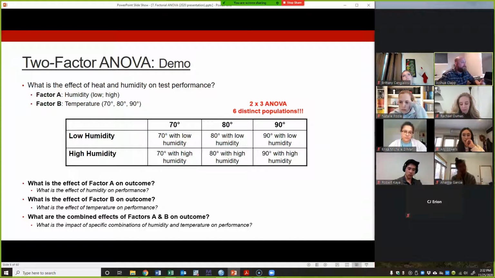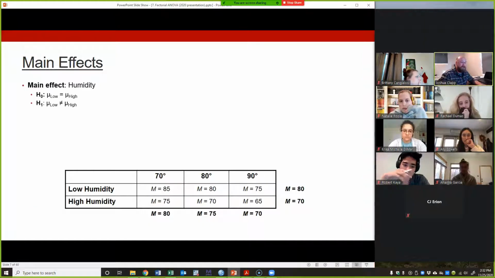We're talking about 6 distinct populations: performance in 70-degree low humidity, 80-degree low humidity, 90-degree low humidity, and 70-degree high humidity, 80-degree high humidity, 90-degree high humidity. So we've got a lot of distinct hypothetical populations here. Just be careful as you move forward with your research to manage the size of the design.